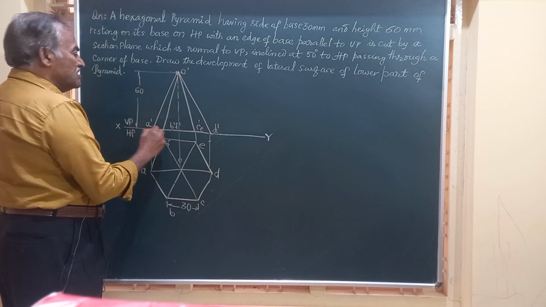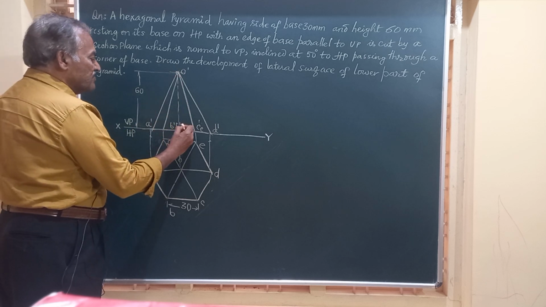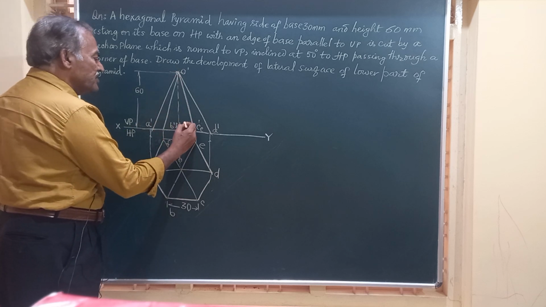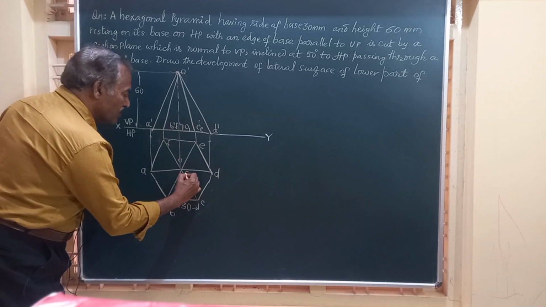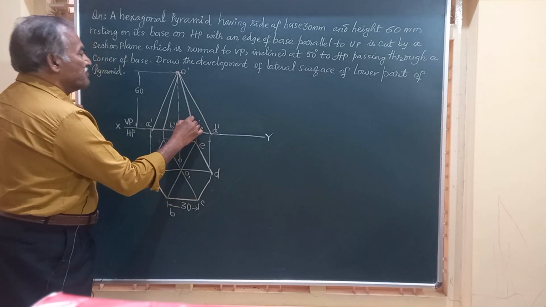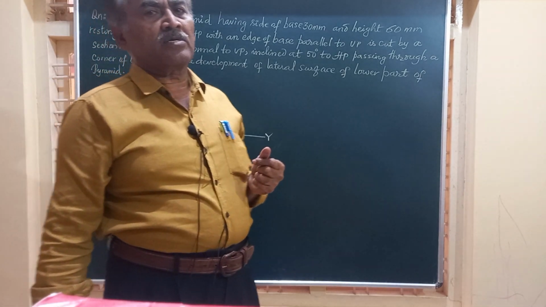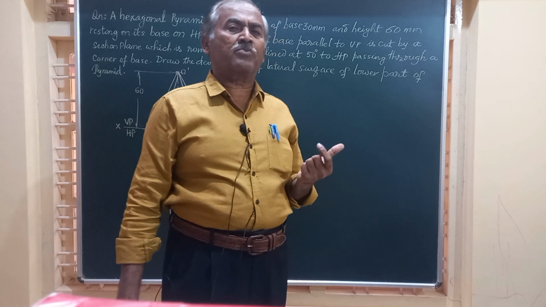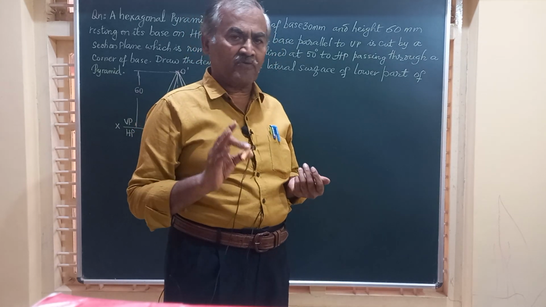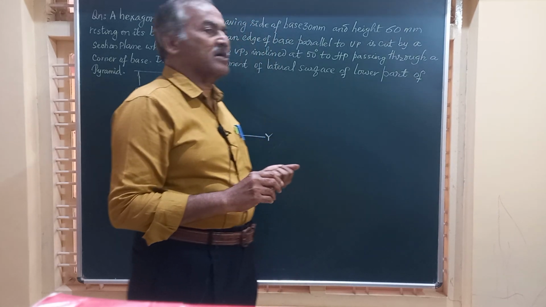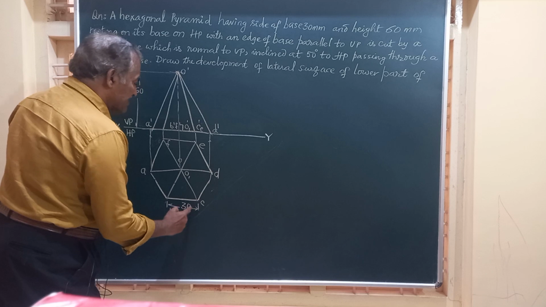That is, this is the base and this is the height, and the axis of the pyramid is perpendicular to HP. We will call the center of the base O, O1, with a dash to represent the front view. Now we have completed the first part of the question, that is obtaining the top and front views of the pyramid when it is resting on HP on its base with one of the sides parallel to VP.